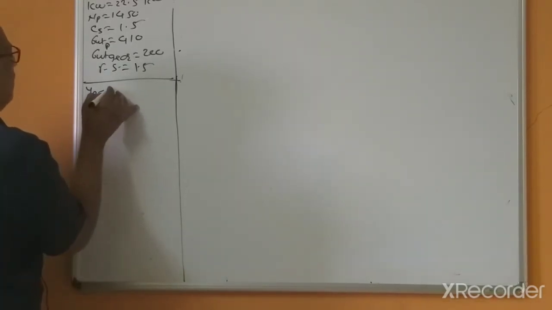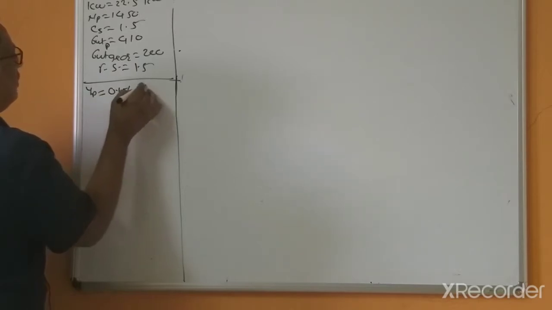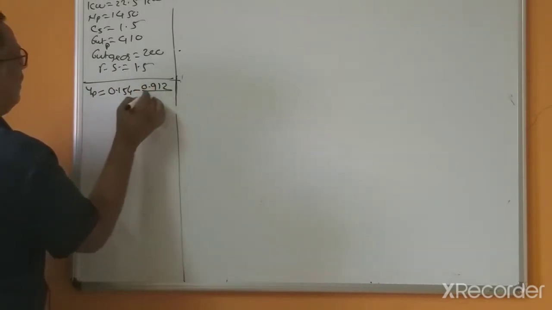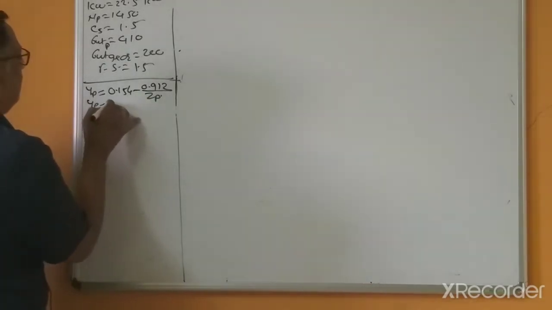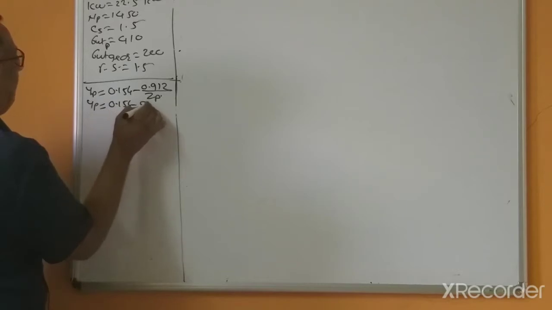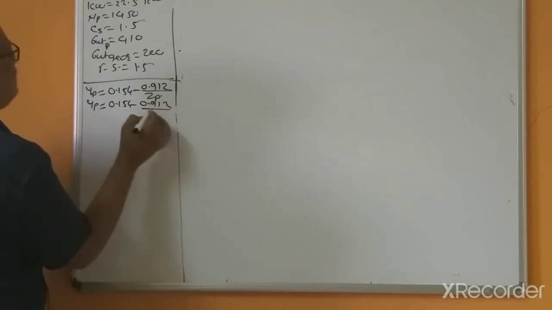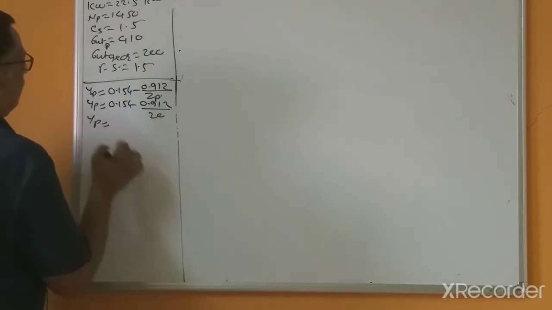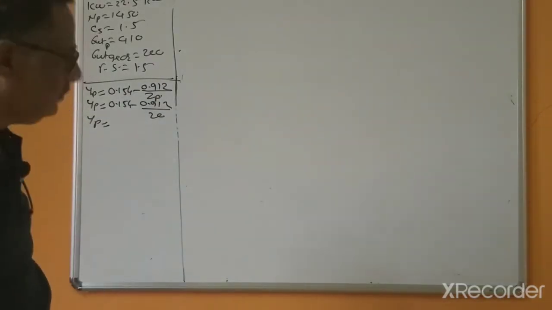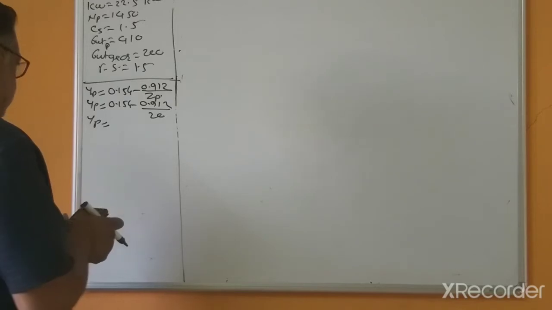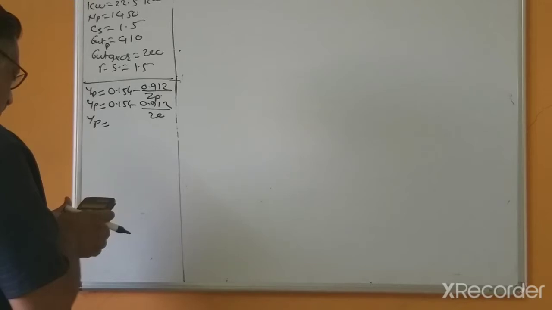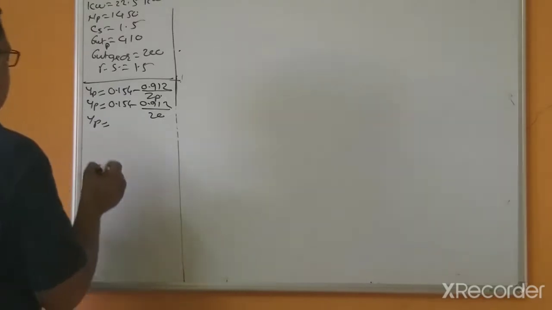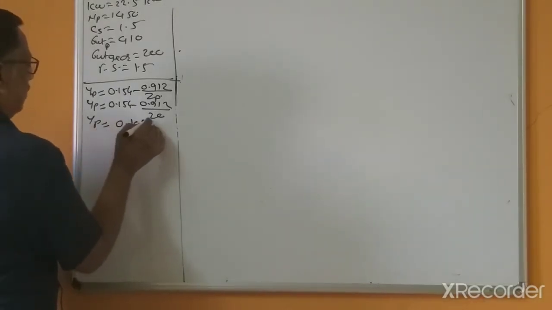YP equal to 0.154 minus 0.912 divided by ZP. The number of teeth for pinion is given 20. So YP equal to 0.1084.